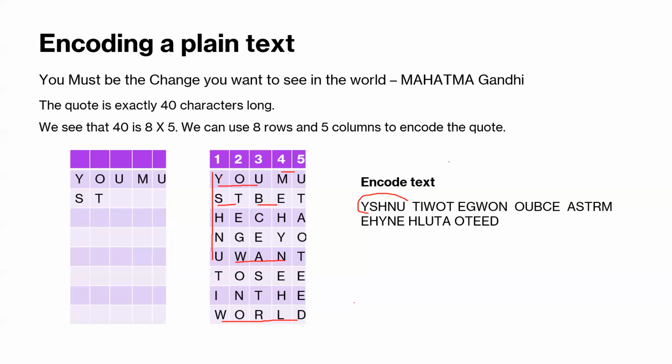This word is the first 5 characters down the column, right? So when we were encoding, we wrote the text in the row format, right? We went this way, writing the text one row at a time, but the encoded text is written in column form, right? So we wrote it in row, but we are picking up the columns and putting it out here.